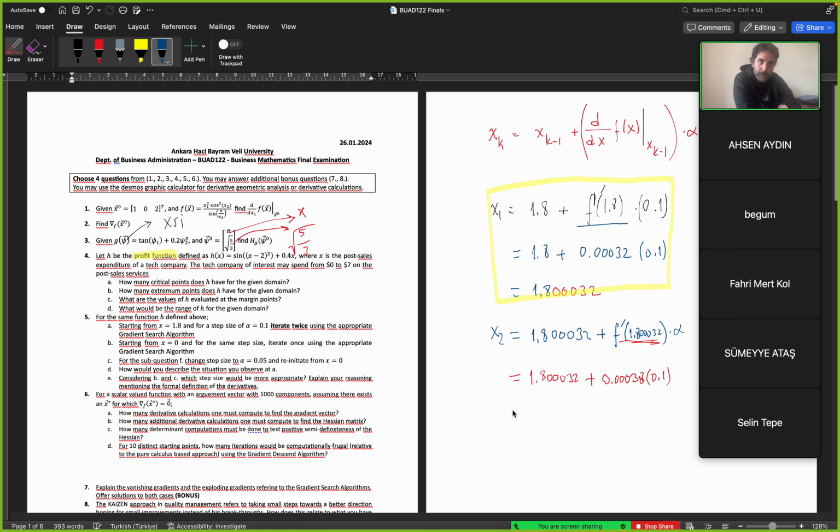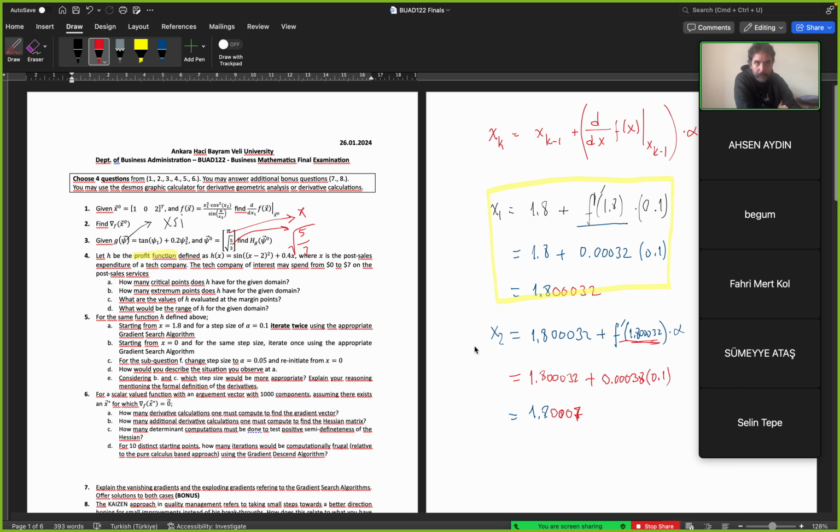Then the answer will become 1.8, and then the 8 is followed by 3 zeros, 1 6, and 1 7. That's it.